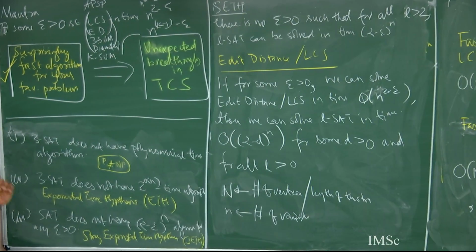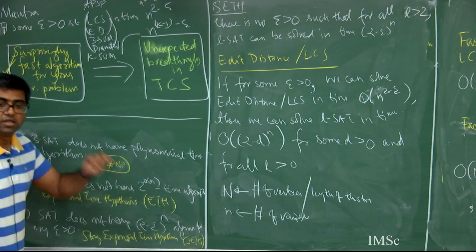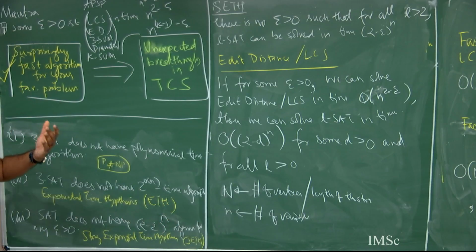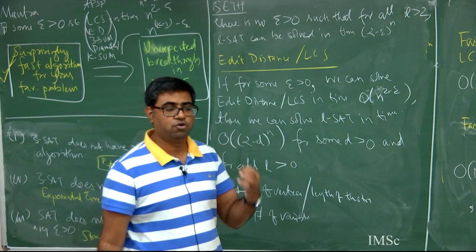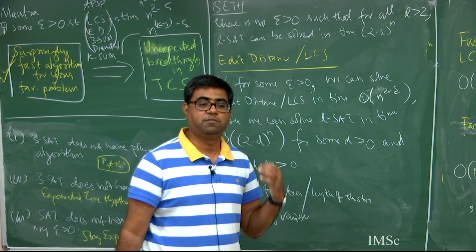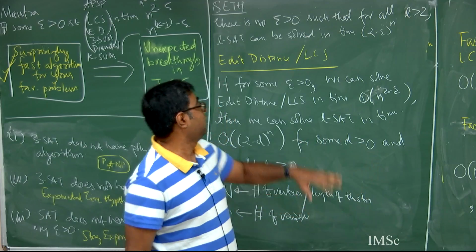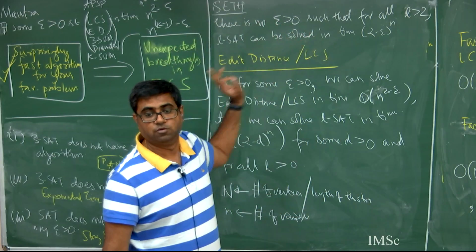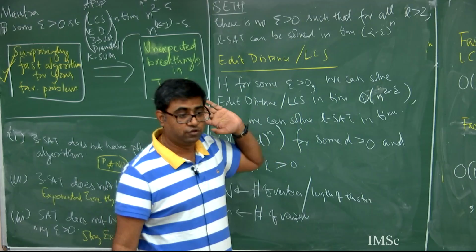SAT, not 3 SAT, cannot be done in 2 minus epsilon to the power n, that is your SETH. Alternatively, there is no universal epsilon such that every L SAT for all L can be solved in time 2 minus epsilon to the power n. So these are my 3 assumptions.